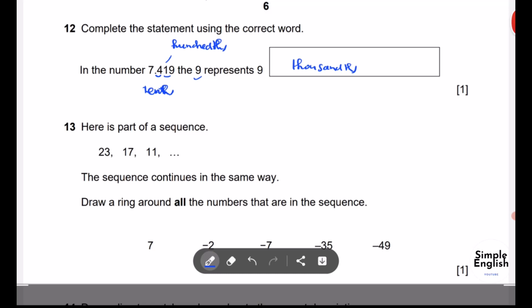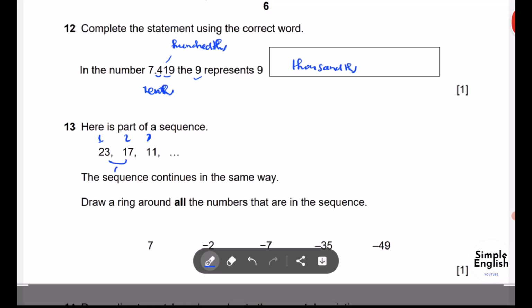13. Okay, here is part of a sequence. The sequence continues in the same way. Write down all the numbers that are in the sequence. So remember the difference between the two terms. This is term 1, term 2, term 3. The difference between two terms is equal.